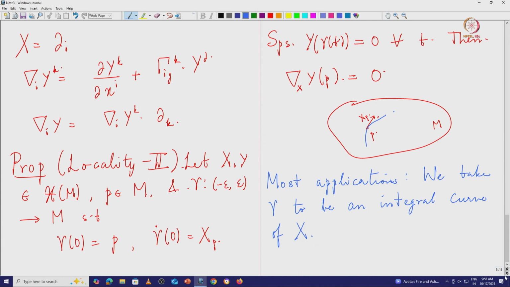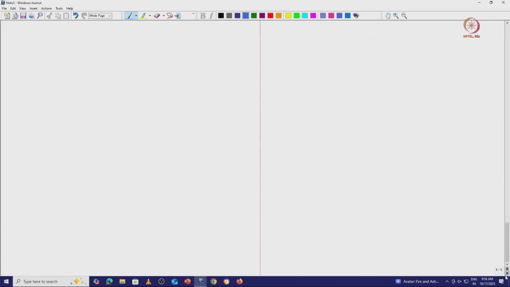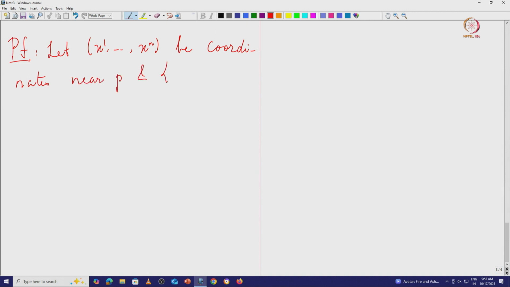Let's prove this. Let x1 up to xn be coordinates near p, and let del 1 up to del n be the standard frame for TM with respect to these coordinates.